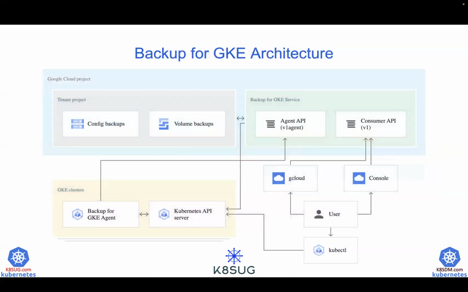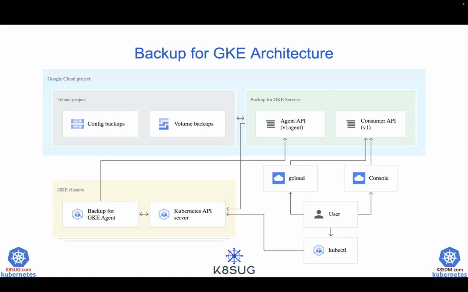Before I jump into the live demo, just to highlight the architecture. As you can see from the screen, there are two major components here. The backup for GKE service is basically just the Google Cloud API, which you need to enable first, based on your project. Very importantly, it's based on your project, so that also becomes one of the limitations.